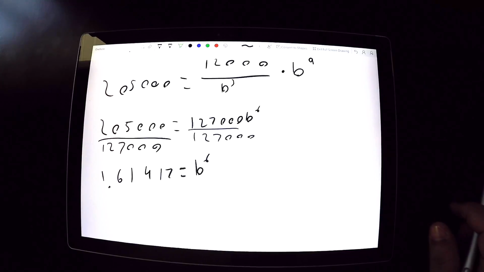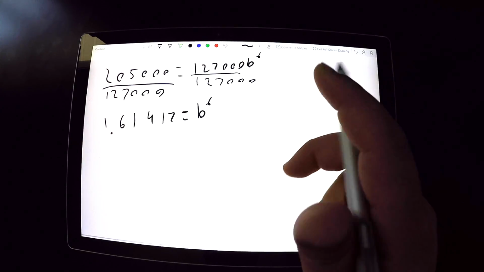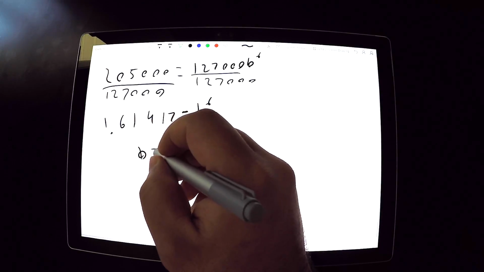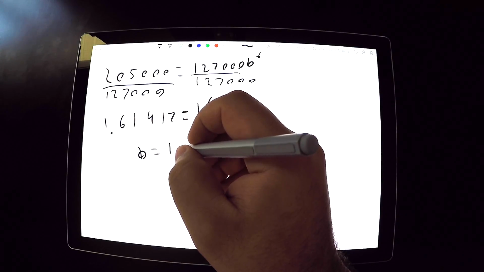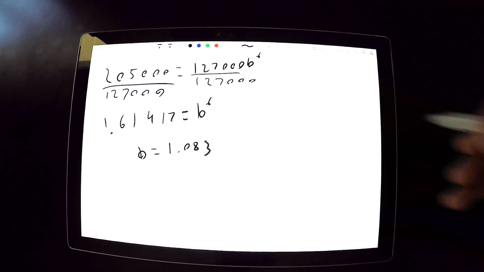Now we raise both sides to the 1 over 6 power. So now we're left with B is equal to 1.083.